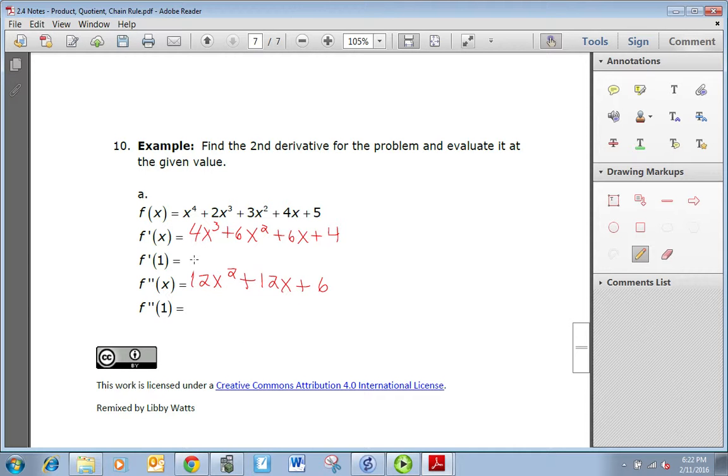And then you just want to plug 1 in for both of these, so 4 times 1 cubed plus 6 times 1 squared plus 6 times 1 plus 4. So that's going to be 4 plus 6 is 10, plus, oh, there should have been another 6 there.